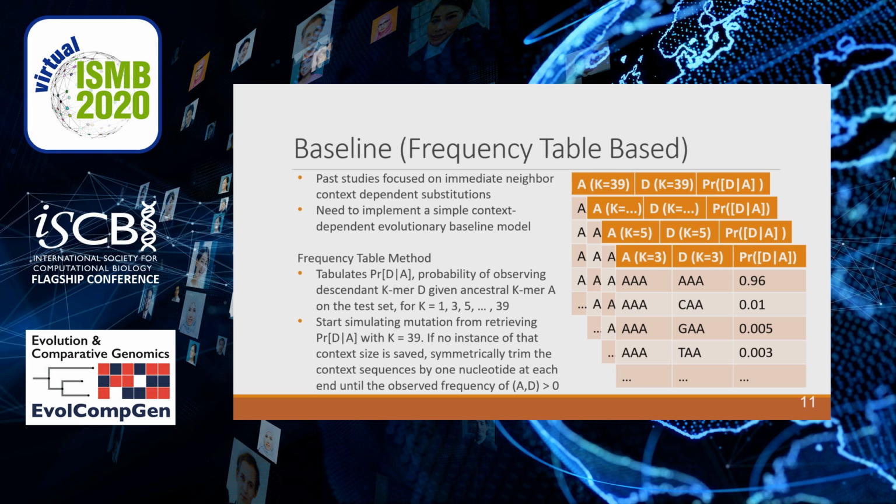But when k is large, most ancestor-descendant pairs have 0 observations. In that case, we symmetrically trim A and D by 1 nucleotide at each end, resulting in a k-2-mer alignment, and then we continue trimming until the ancestor-descendant pair has an observed frequency greater than 0.